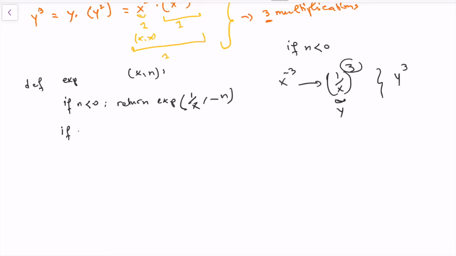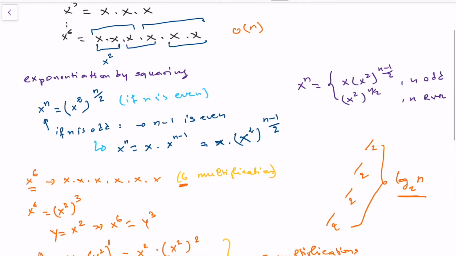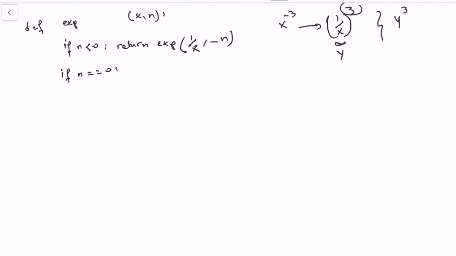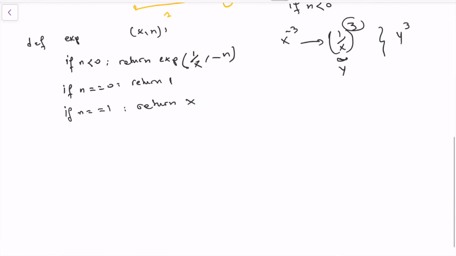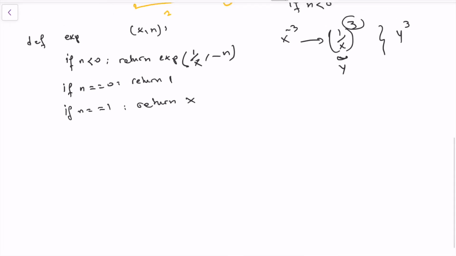Now if n equals 0, then we can do the base case that I mentioned earlier, which is just return 1, and if n equals 1, we can do the base case of x, right? This is not really necessary because it will fit with n is odd, but it doesn't hurt to put it here. And then we could do, if n is even, which we can check by checking modulo 2.